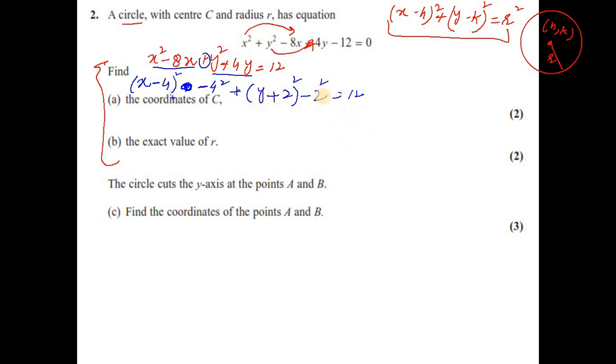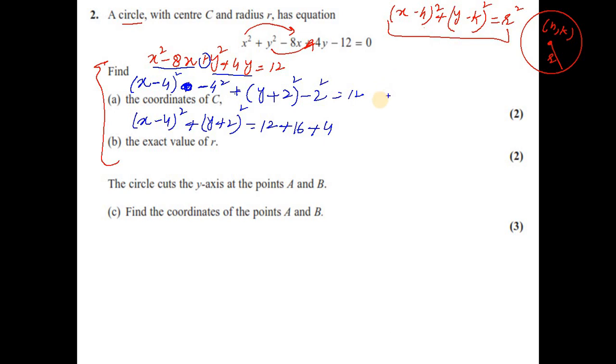If you rearrange the whole equation and send the minus 4 square and minus 2 square to the other side, you have x minus 4 whole square plus y plus 2 whole square is equal to 12 already there. Minus 4 square is coming on the other side, so it is plus 16. Minus 2 square is coming, so plus 4.